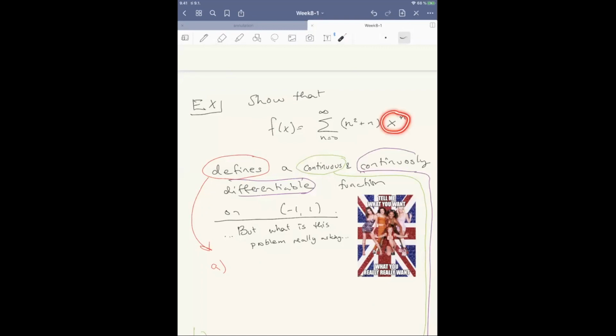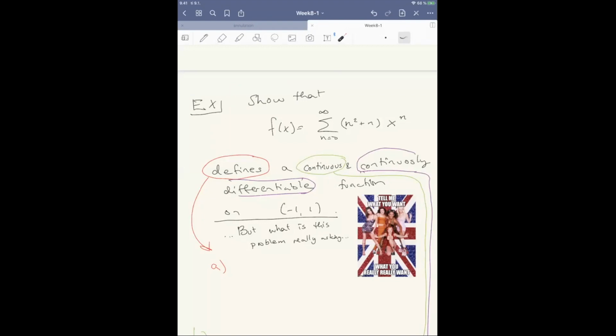And you could be given, and I would venture to guess that you'll see something very similar in the homeworks and possibly the final, a standard form of question: show that this defines a continuous and continuously differentiable function on the domain, say, (-1, 1).